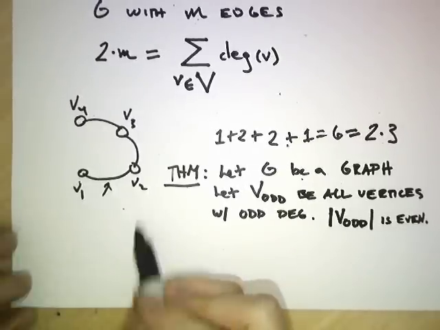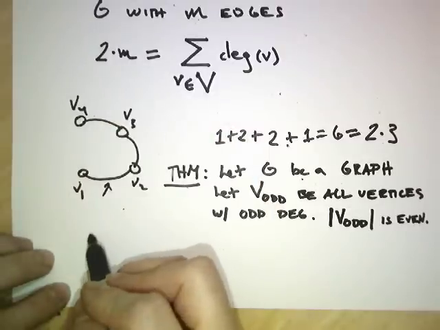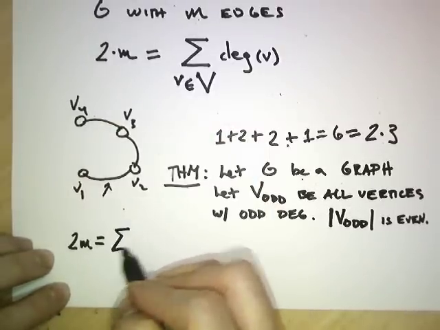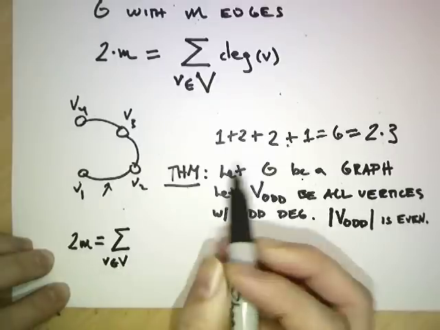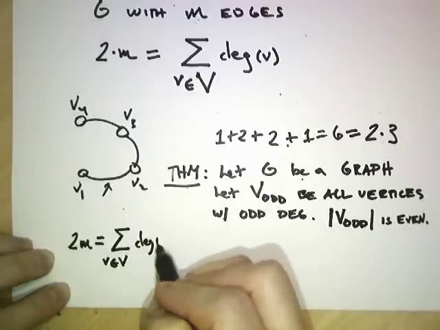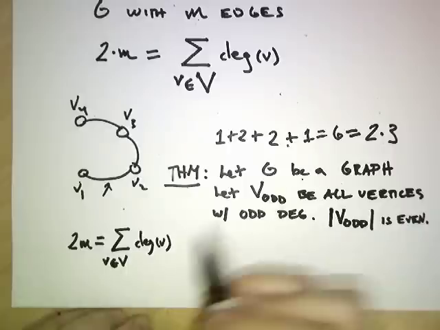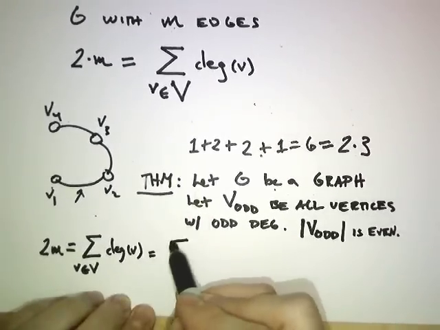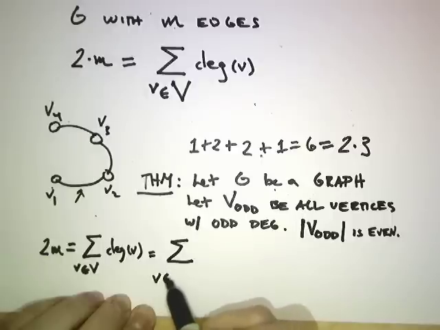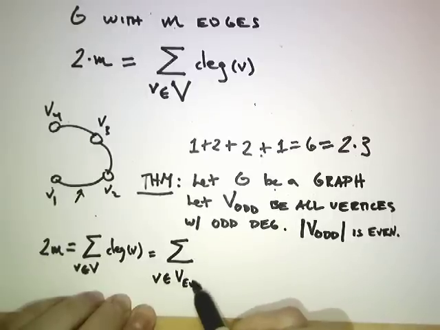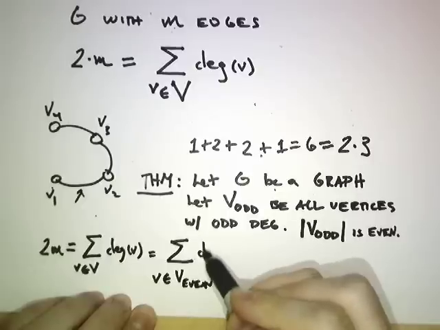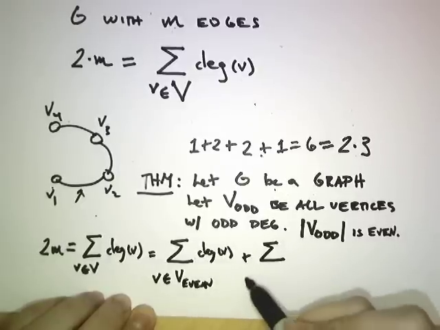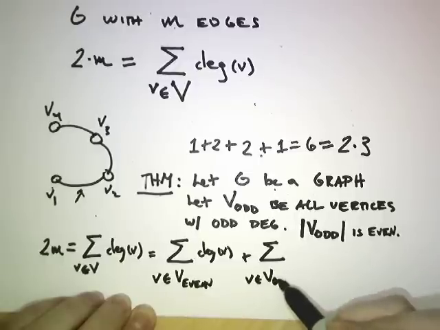Why is that the case? Well, from the handshaking theorem, we know that 2m is equal to the sum over all vertices in the graph of the degree of that vertex. So we can break this sum into 2 parts. It's the sum over all vertices that have even degree of V, plus the sum of all vertices that have odd degree.